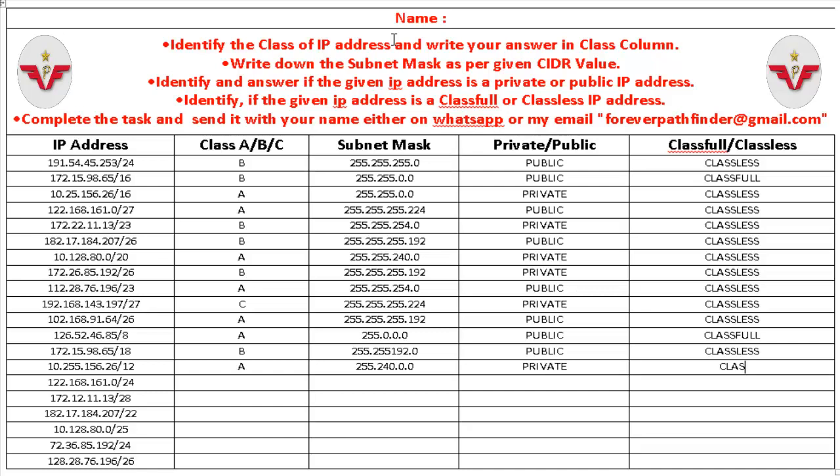Classless. Next question, 122, class A, subnet mask 255.255.255.0. Is it private or public? 122, so it's public. Classful or classless? Classless.